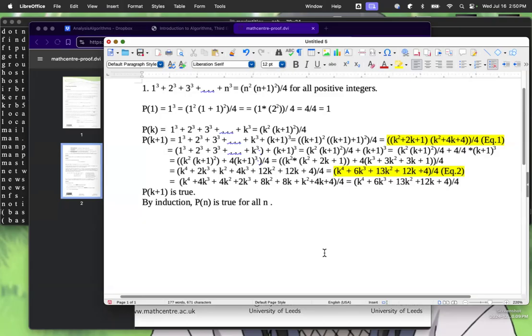All n that are positive integers. There we go. Z plus.